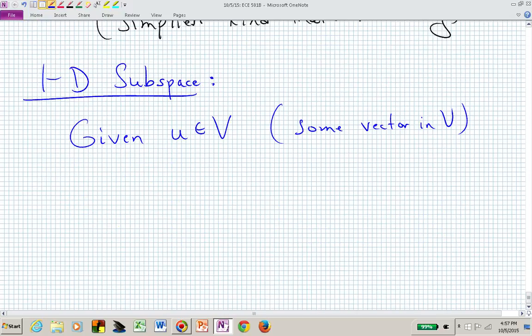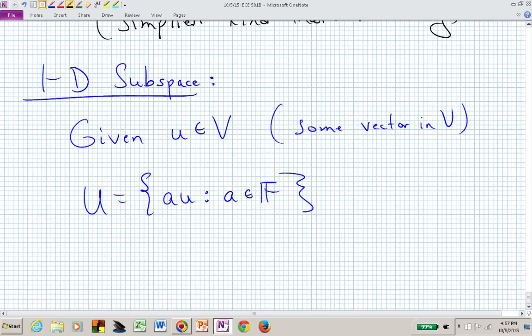And suppose that u is not equal to zero, where a is an element of our field. That's a scalar in our field.